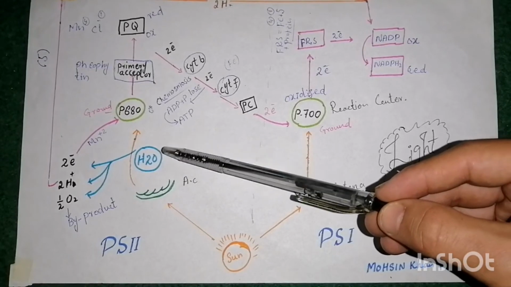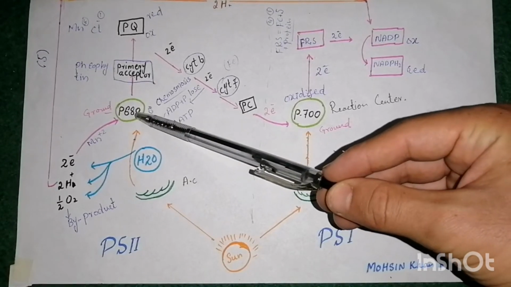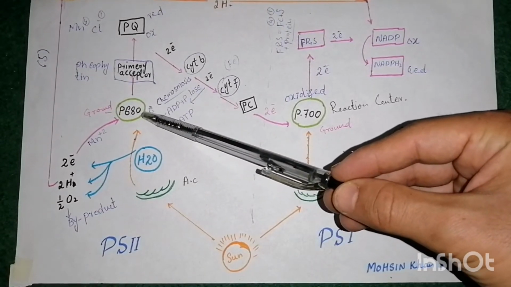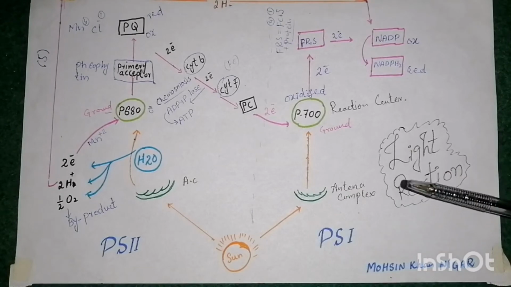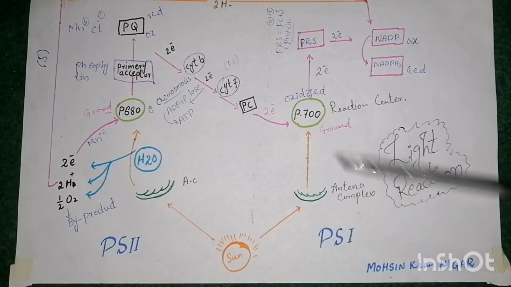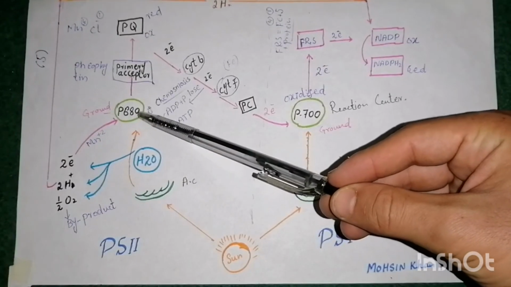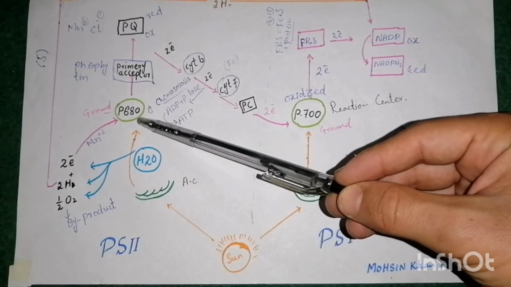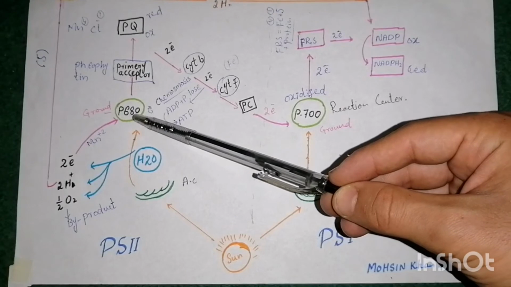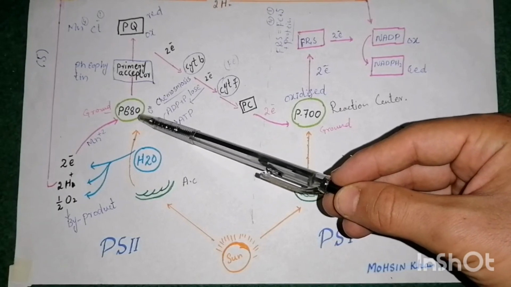It has P680, meaning it uses light having a wavelength of 680 nanometers. The overall processes of PS1 and PS2 occur simultaneously, at a time.